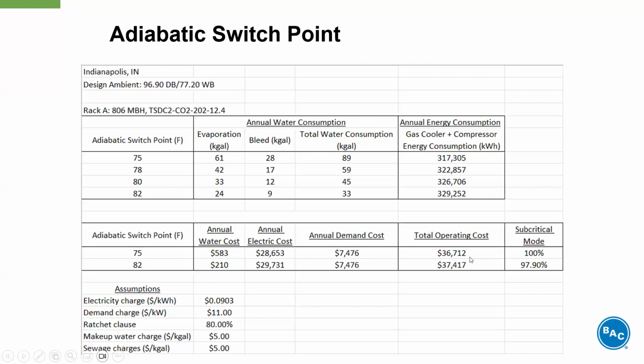Of course, there are other considerations beyond just the dollars and cents of the financials, and for that reason, that's what's great about adiabatic products is that the switch point is user defined, it is field adjustable, so you can fine tune the unit to meet the requirements for your specific company or your specific project.